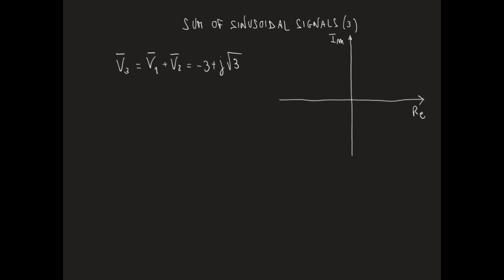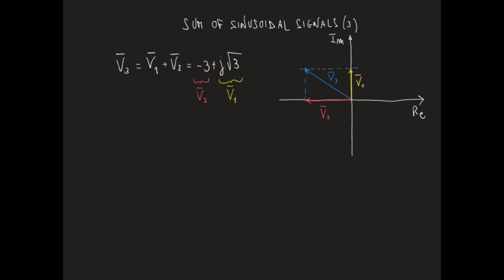In particular, the phasor V1 bar will be represented by this yellow vector, while the phasor V2 bar will be represented by this red vector. The sum of the two phasors, or of the two vectors in the complex plane, is represented by the blue vector, the phasor V3 bar.